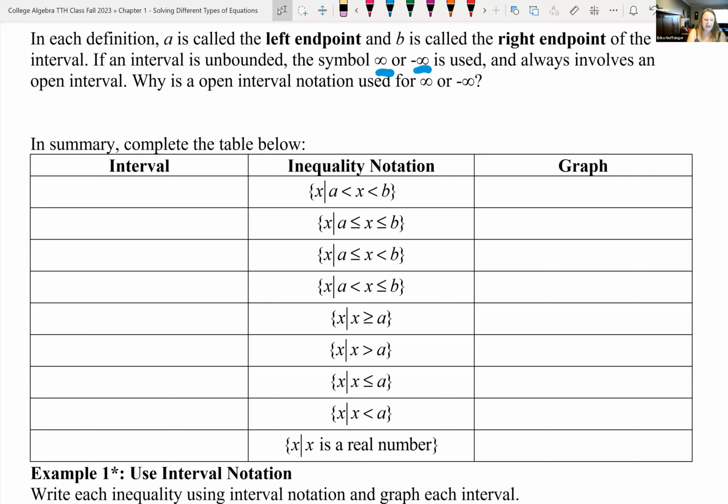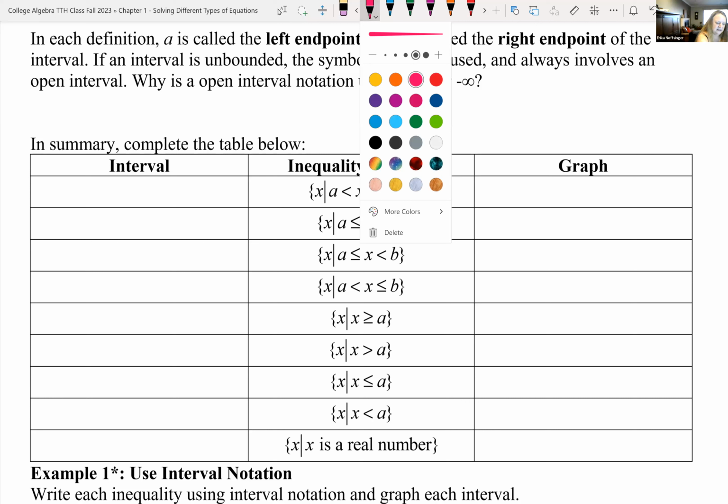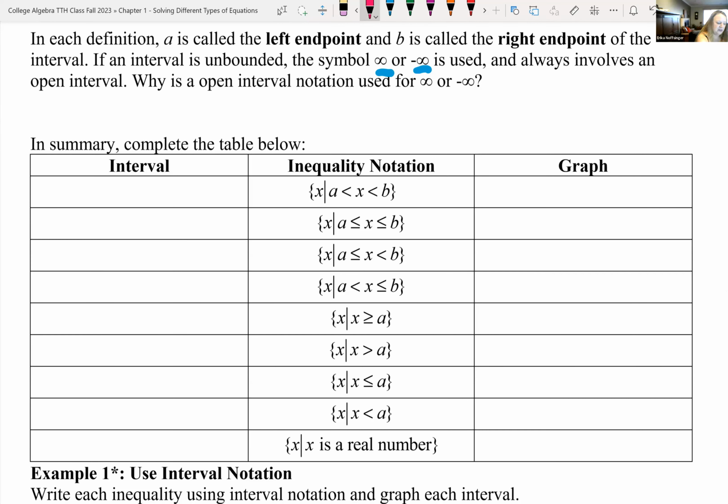So in the set builder notation, within the curly brackets, we have the variable x, and the vertical line means such that A is less than x, which is less than B. It's not including A and B, so we're going to put A, comma, B in parentheses.